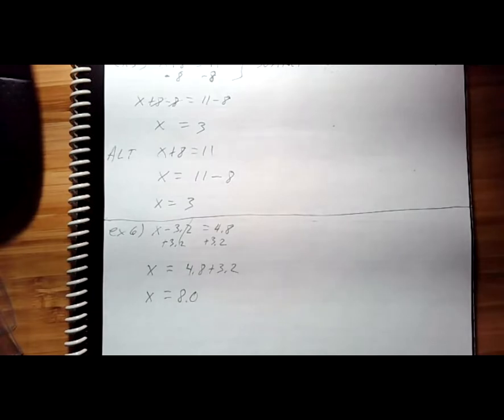Or they cancel and you add them together. Same thing. 4.8 plus 3.2. Wouldn't it be 8.0? Looks like it, right? Okay, so far, you guys all right? Not too bad?